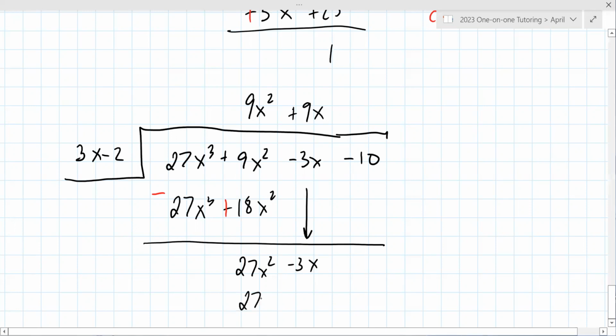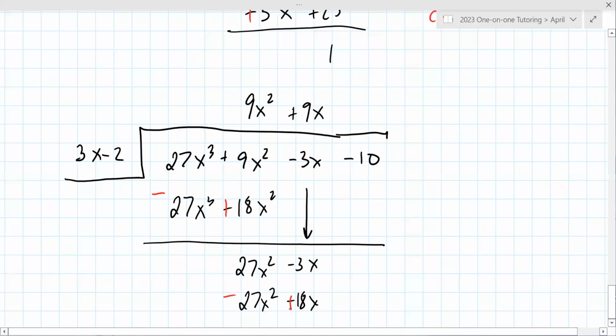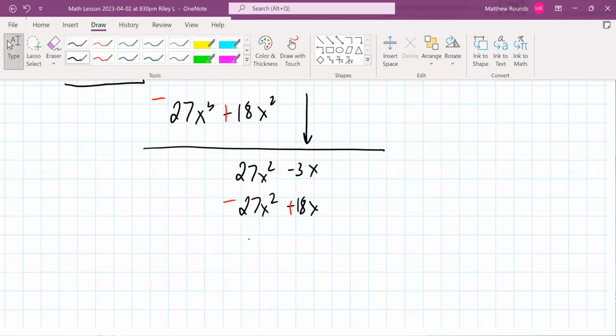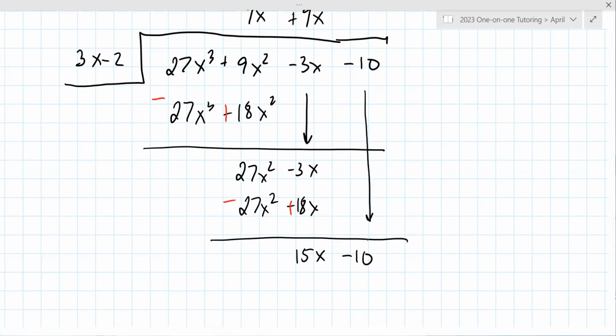Yeah, that's right. 27x squared minus 18x, change the sign. Change the sign, there it is. Minus, so plus, 0. And then will that be plus 15x? Yes, and then bring down the 10, yes, minus 10.